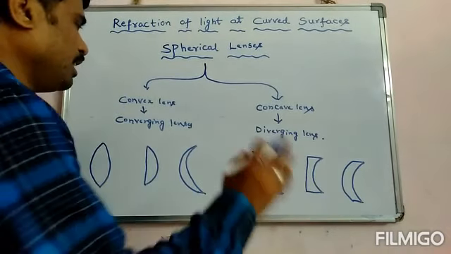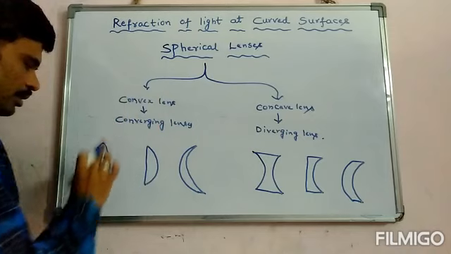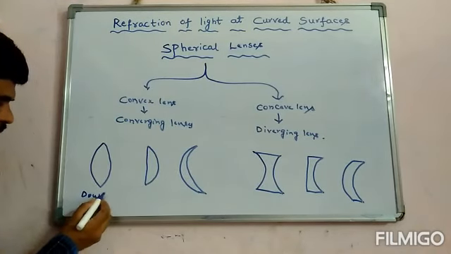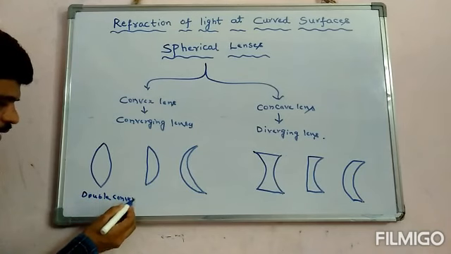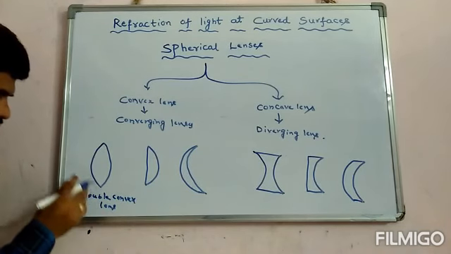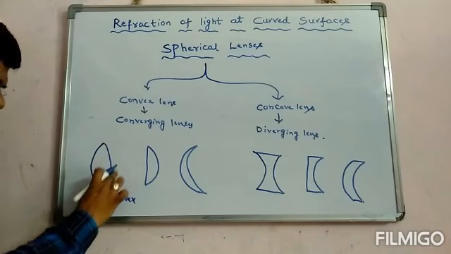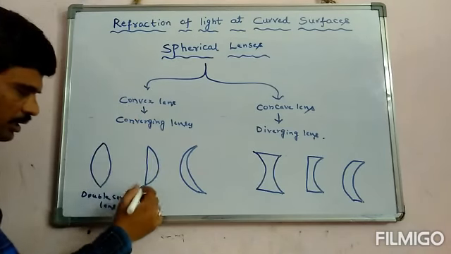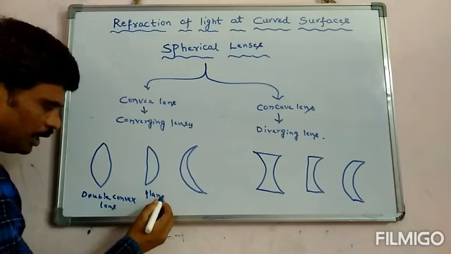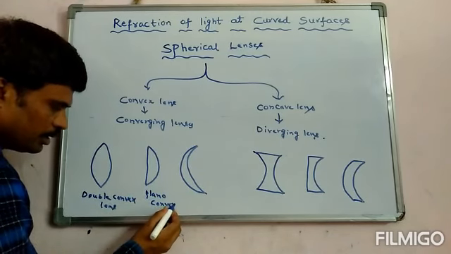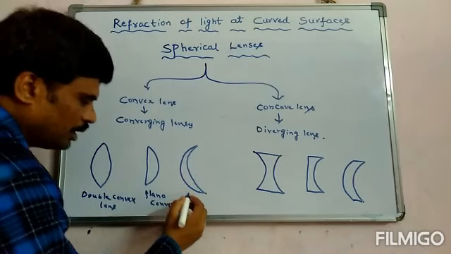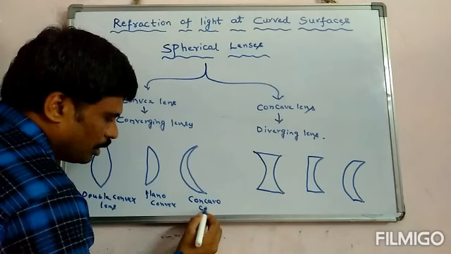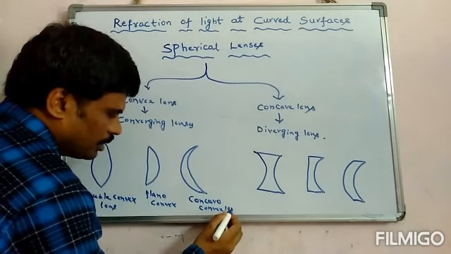Now let us see the types of convex lenses. The first one is double convex lens. In double convex lens you can see two surfaces are convex, and another lens is plano-convex, and the third one is concavo-convex lens.